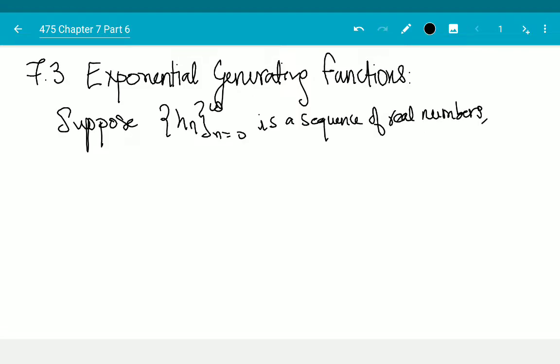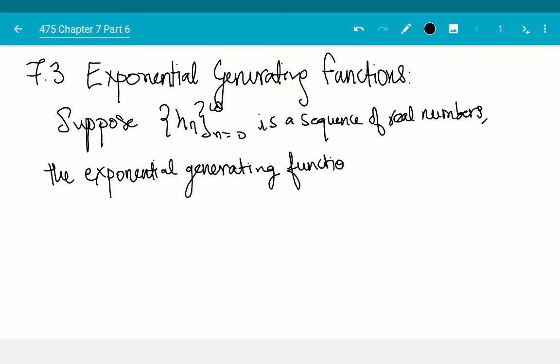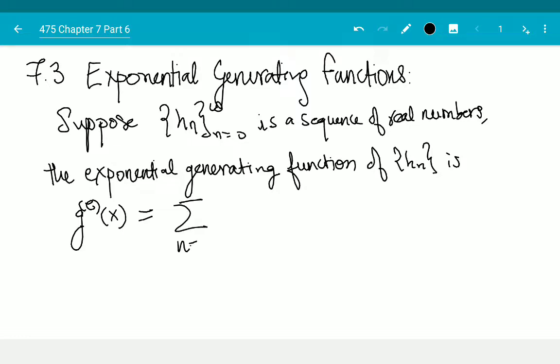The exponential generating function of h_n is denoted by g_e of x, and it is similar to before: summation n equal to 0 to infinity of h_n x to the n over, now a special, n factorial.